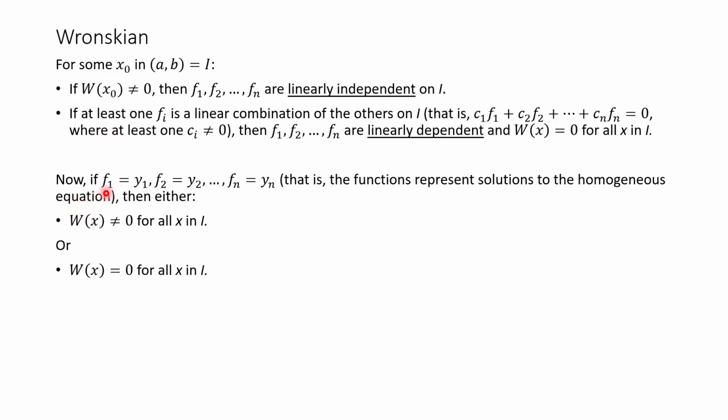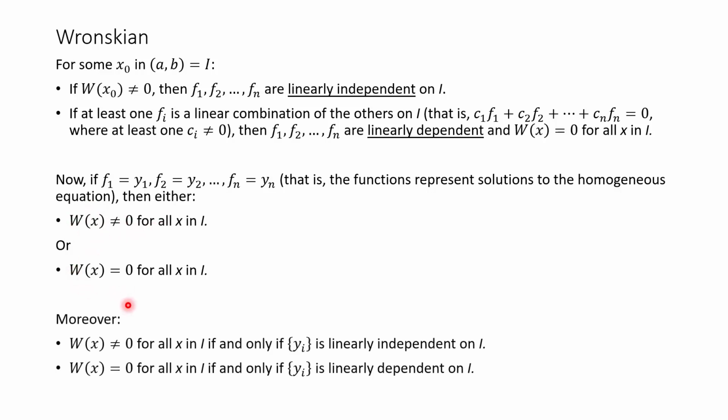So if now we're saying a function equals y, so we're saying that our functions represent the solutions to our homogeneous equation, then either the Wronskian is not 0 for every x, or it is 0 for every x. And moreover, what that implies is that if the Wronskian is not 0, then our set of y's, or solutions, is linearly independent.